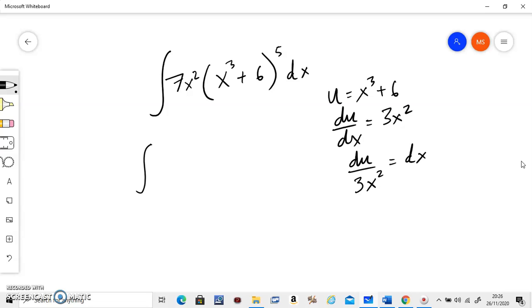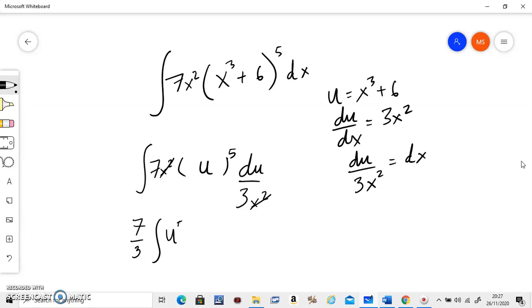Now come back to your problem. Replace this with the u. Keep the 5 as it is because we're only replacing whatever is inside the bracket. And replace the dx with du over 3x squared. The x squared and the x squared cancel. The 7 over 3 can come outside. And you're left with u to the power of 5 du.